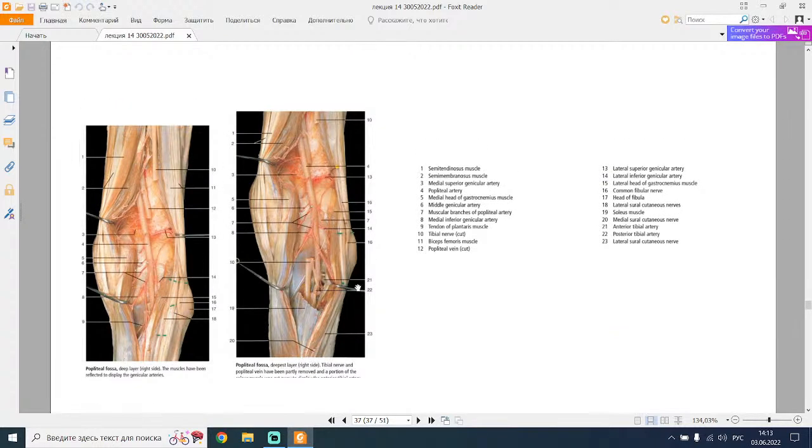What you see, arteria poplitea. This is arteria tibialis posterior.